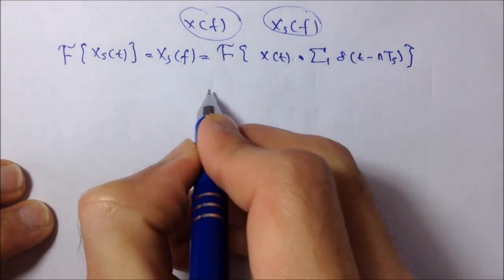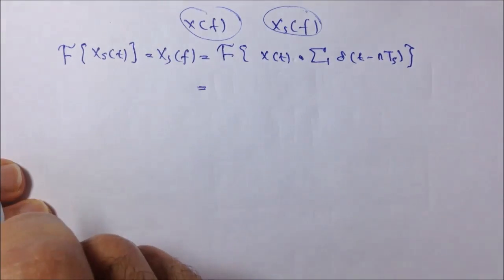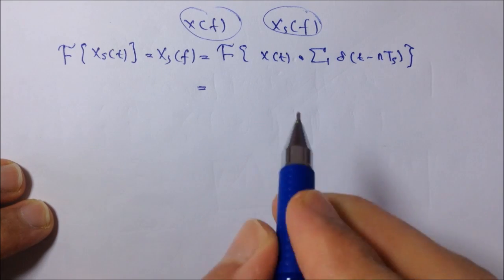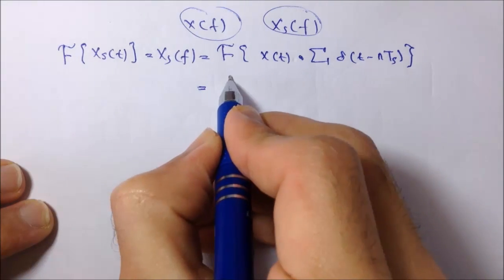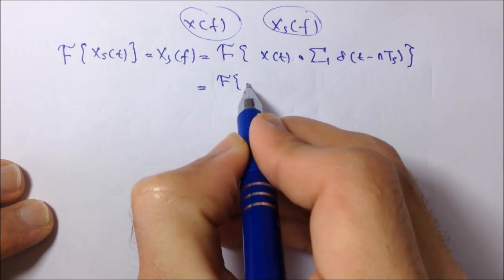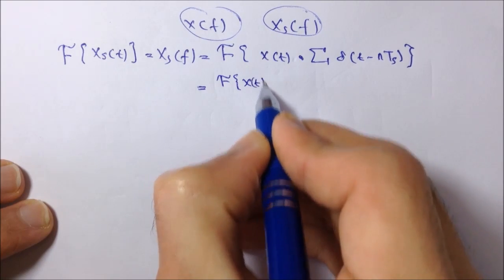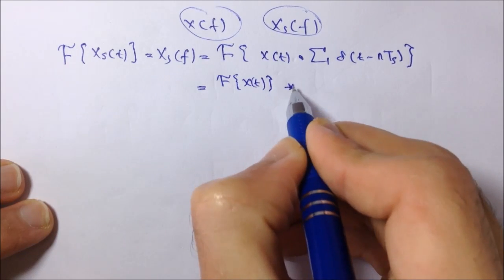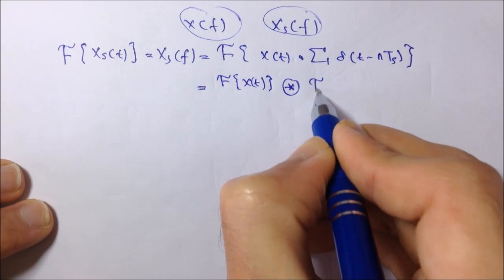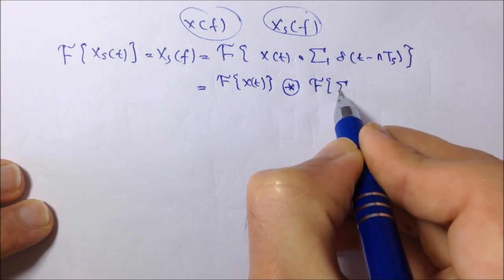This equals, according to one of the most important properties of the Fourier transform, the Fourier transform of x(t) convolved with the Fourier transform of the impulse train.